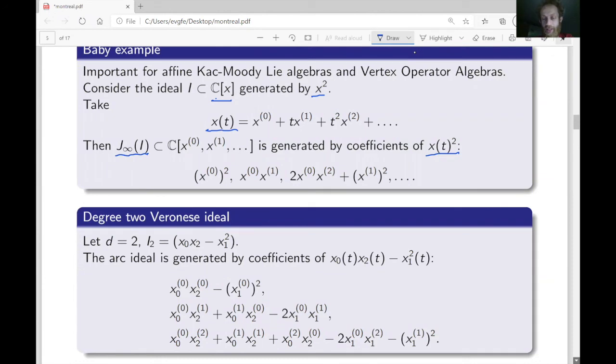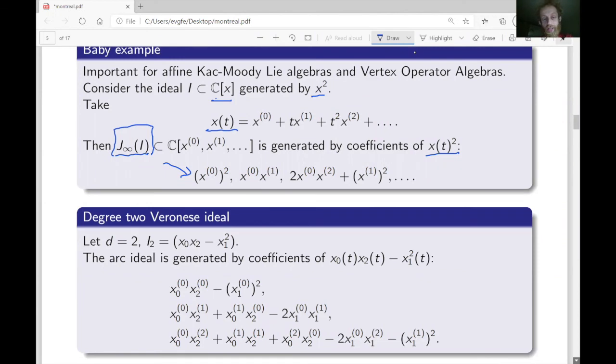We expand it, and what do we get? The coefficient in front of t to the 0 is just x0 squared. The coefficient in front of t to the 1 is x0 x1. Well, there is a 2 there also, but it doesn't matter here. And then the coefficient in front of t squared and so on. So our arc ideal is generated by these infinite number of polynomials.